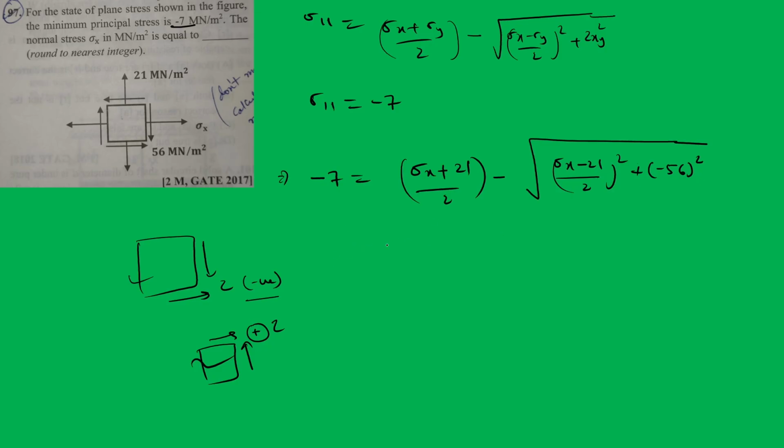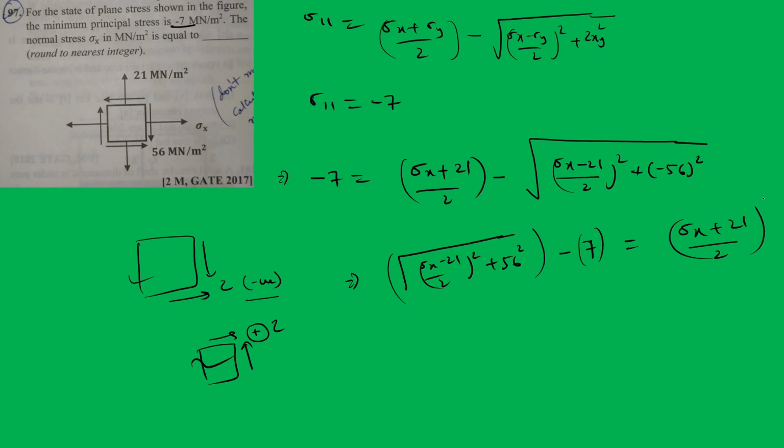Okay, then what we will do, we will do something like this. So we will take this one this side, and the under root sigma x minus 21 by 2 whole square plus 56 whole square, and this would be minus 7 is equals to sigma x plus 21 by 2.